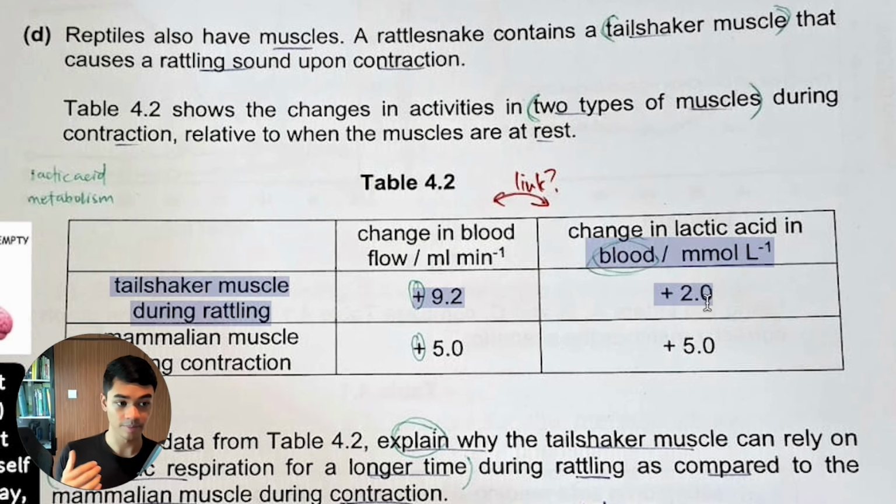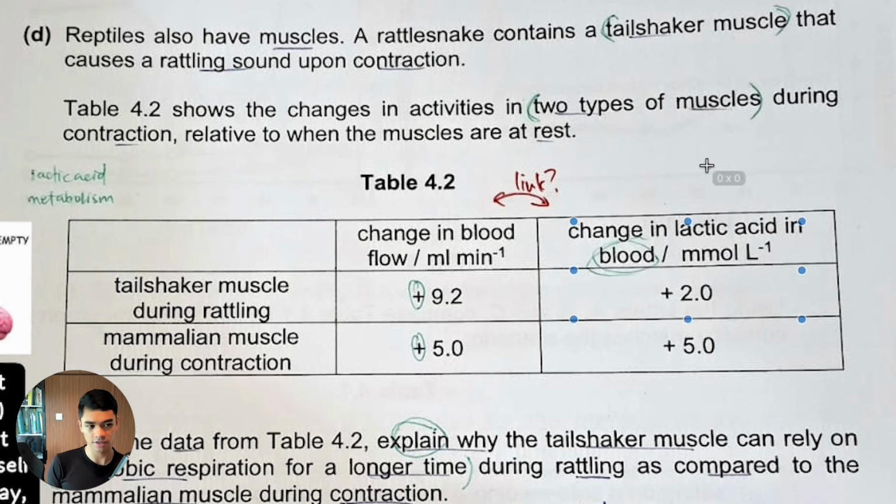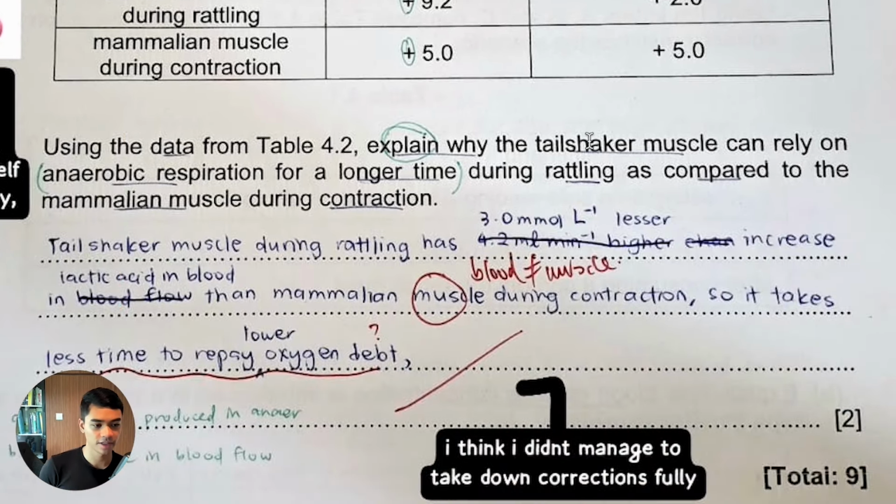So we expect to see an increase. But strangely, there's a smaller increase for the rattlesnake's tail shaker muscle, which is strange. I'm not sure why, but let's try and use it to explain why they can do anaerobic respiration longer than mammalian muscles.